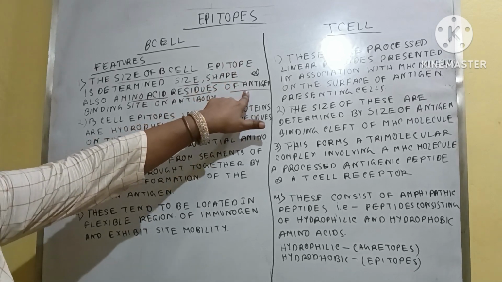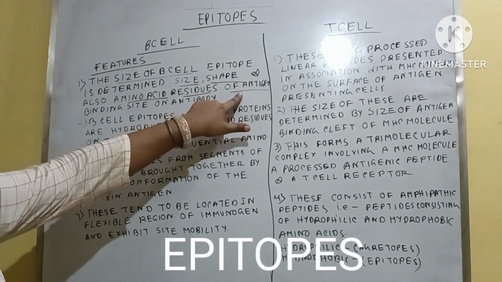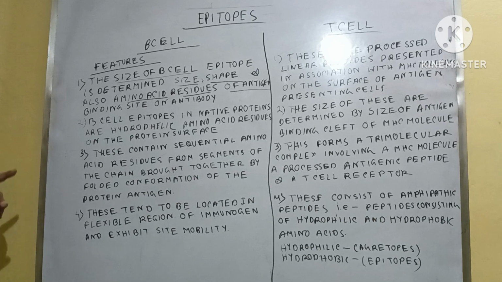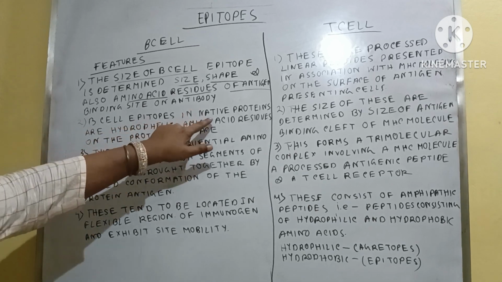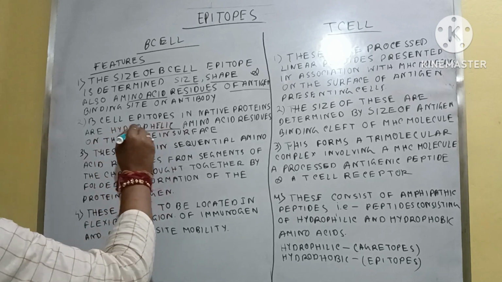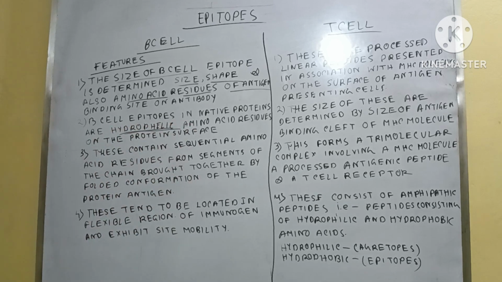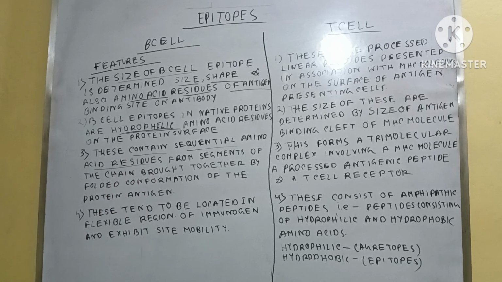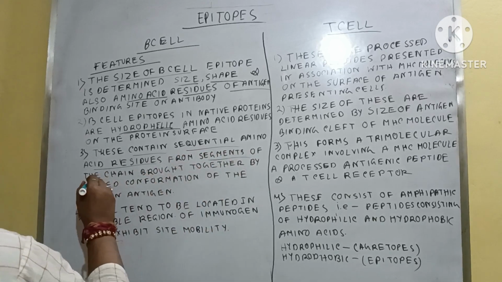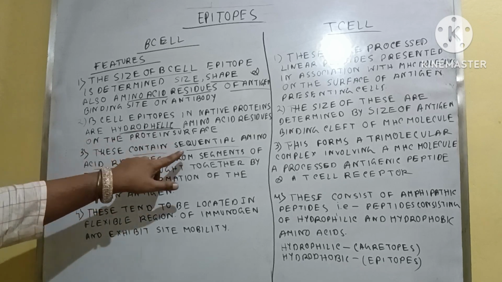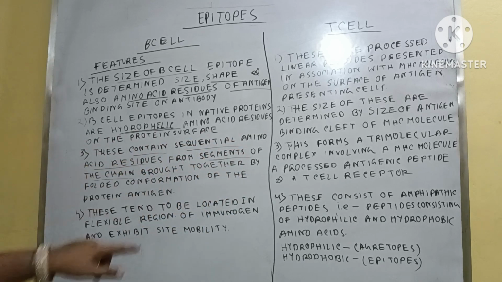Clear? Second point, the B cell epitopes in native proteins are hydrophilic amino acid residues. Third, these contain sequential amino acid residues, from segments to the chain.